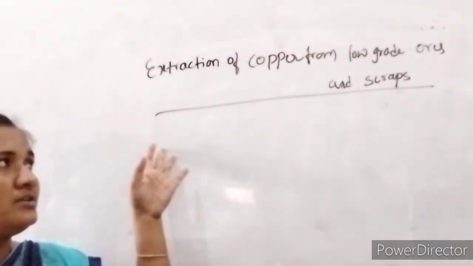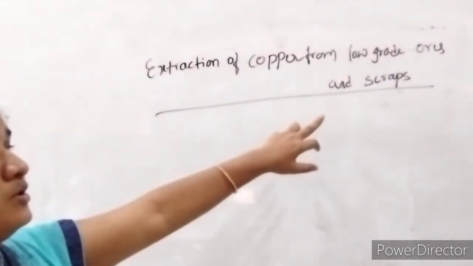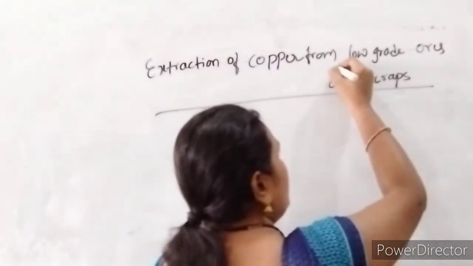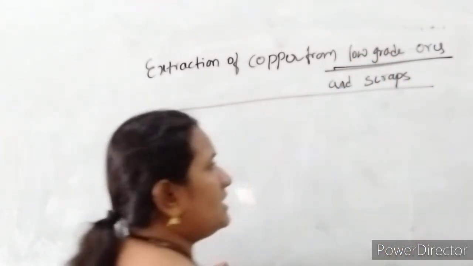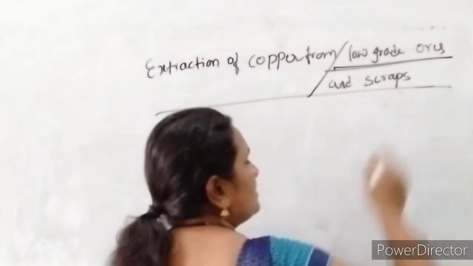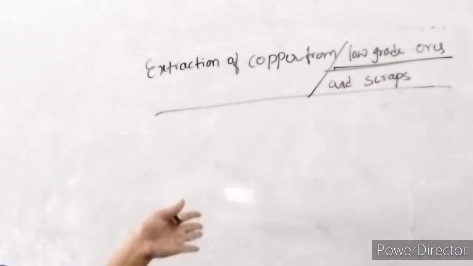Here we are extracting copper from low grade ores and scraps. You have to remember the word. If they ask in the examination about extraction of copper from low grade ores or scraps, you have to write whatever I explained now.